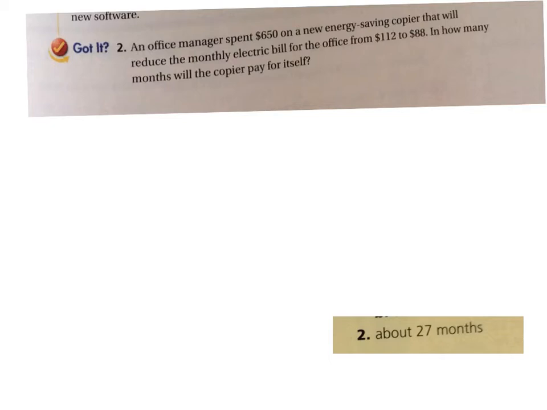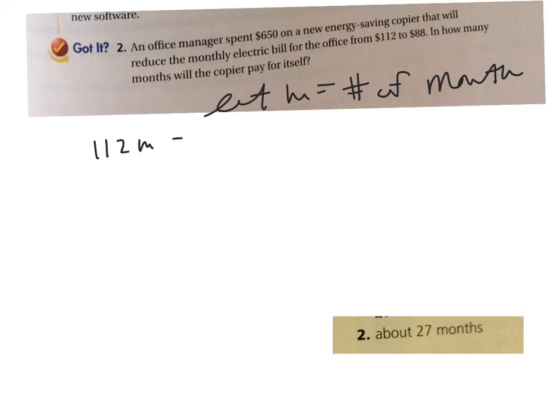So we start off with that let statement. Let M equal number of months. We do know that currently it's $112 per month, and the new one's going to be $88 per month, plus that $650 spent on the new copier.